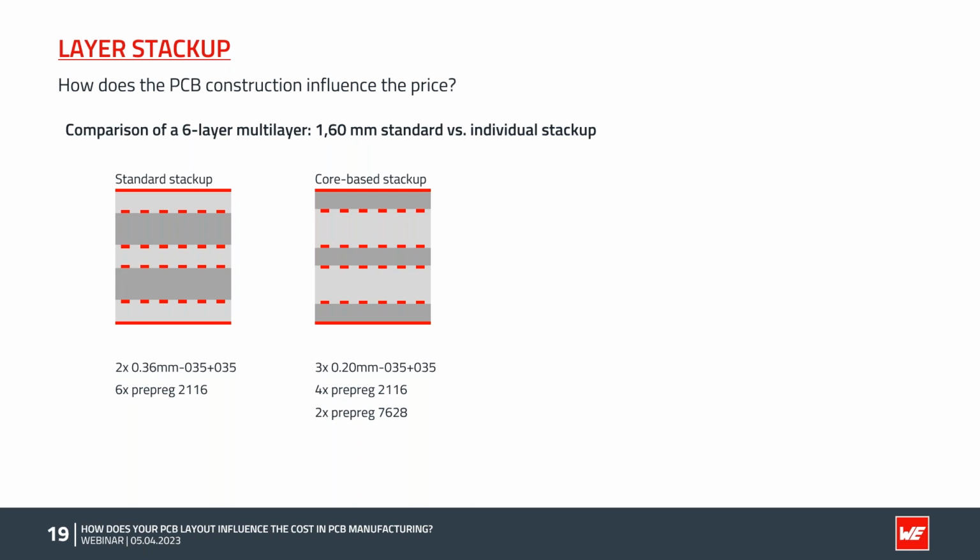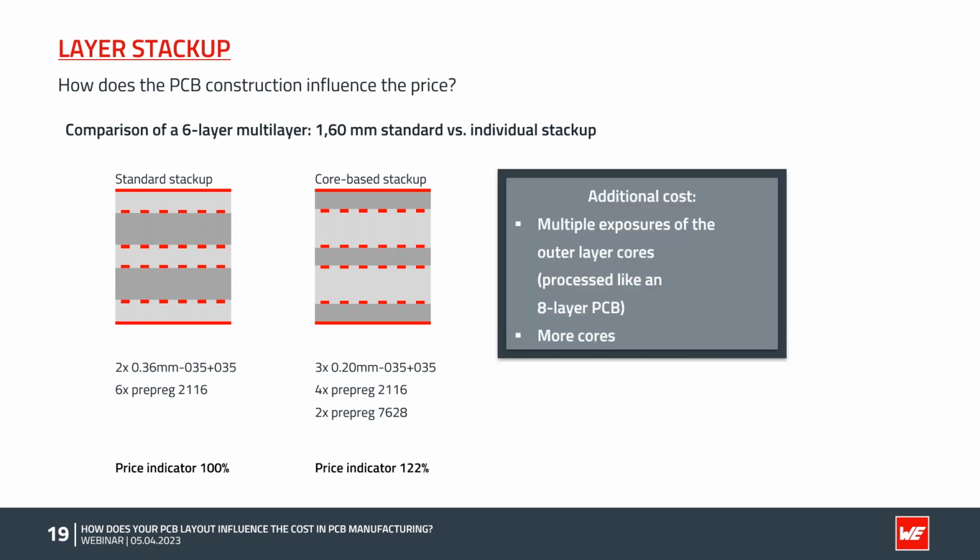So this would mean that when we do the inner layer structuring here, in that case layer 2, the top layer needs to be fully secured so that we do not etch away anything. We still need to photo structure it, but we cover everything with photoresist so that it's not being etched away. And when you sum this up, you will probably see that this core-based stackup needs to be treated with 2 additional photo structuring processes.